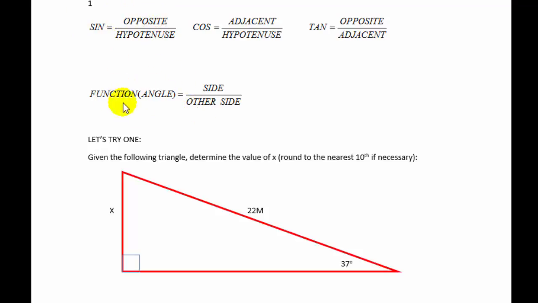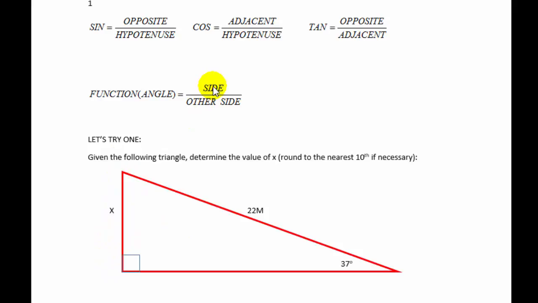And what you do is you set up this equation. The function of the angle equals side divided by other side. So the function is the sine function. The angle is 37 degrees. The first side, the side in the numerator, as is referenced in the relationship sine equals opposite divided by hypotenuse, is going to be the opposite side, which is x.